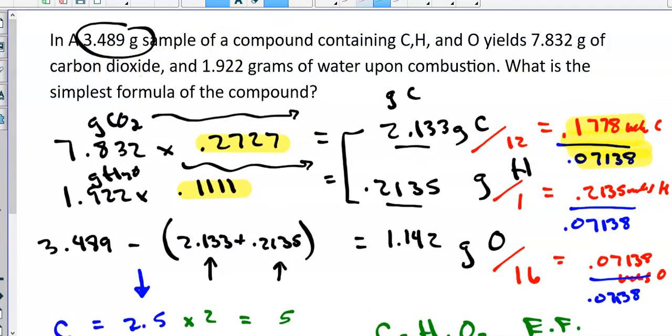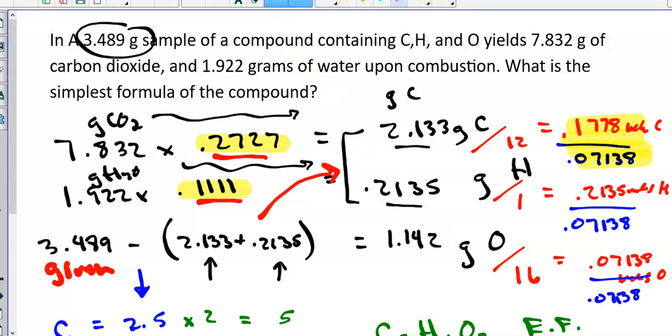In summary, one more time. You convert grams of carbon dioxide to grams of carbon by multiplying by this number. Next, you convert grams of water to grams of hydrogen by multiplying by this number. The next step is you take the given and subtract the sum of these two numbers to find the grams of oxygen.